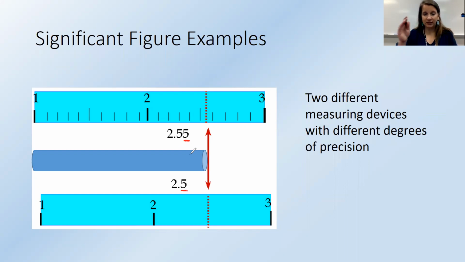Because you always want to go one digit past what each line on the measuring device represents. Okay, so this ruler up here is a more precise measuring device because each line represents a smaller measurement. And so we can actually measure and record that to a more specific, more precise value.